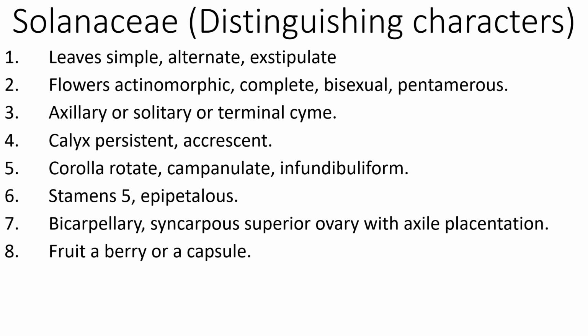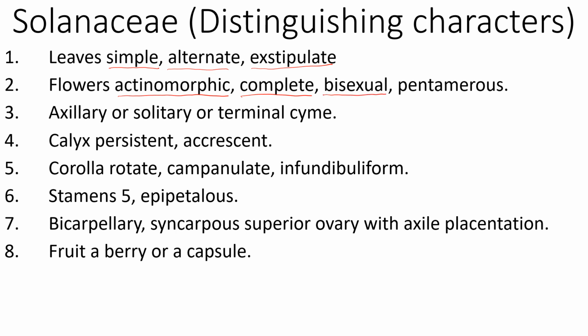Leaves in family Solanaceae are simple, alternate, and exstipulate. Flowers are actinomorphic, means having symmetry. They are complete, which means including calyx, corolla, androecium, and gynoecium.